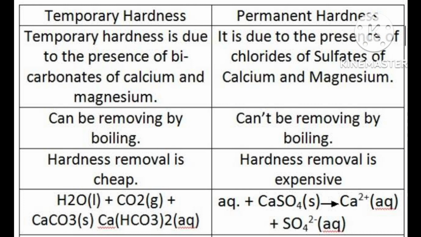This method is now used for the laboratory preparation of peroxide H2O2. Just now you have seen HO3S-O-O-SO3H became 2HSO4 minus plus 2H plus, plus peroxide H2O2.